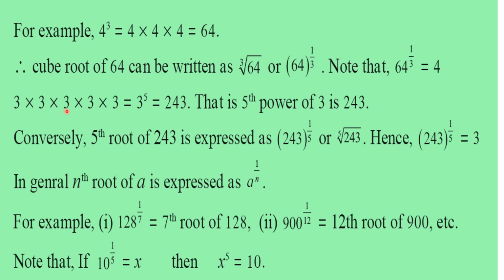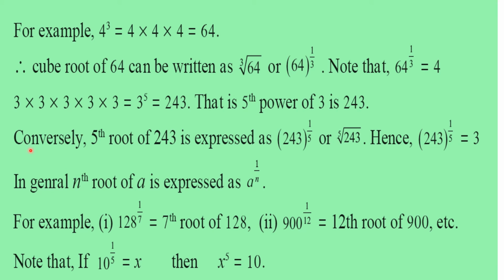3 into 3 into 3 into 3 into 3 is equal to 3 raised to power 5 is equal to 243. The fifth power of 3 is 243. That is, fifth power of 3 is 243.